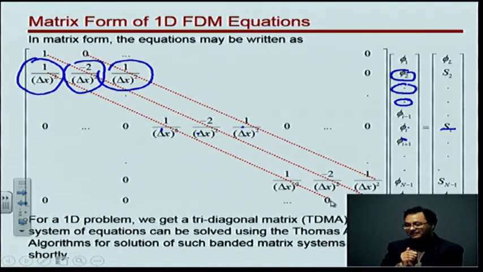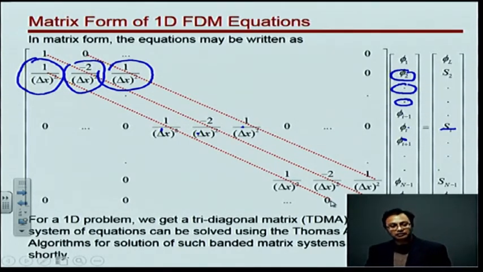But in this case, we have 3 diagonals which are clustered together. These types of systems are called tridiagonal matrix systems, and they can be inverted very easily compared to full matrices. And we'll talk about that towards the end of today's class. Any questions so far?